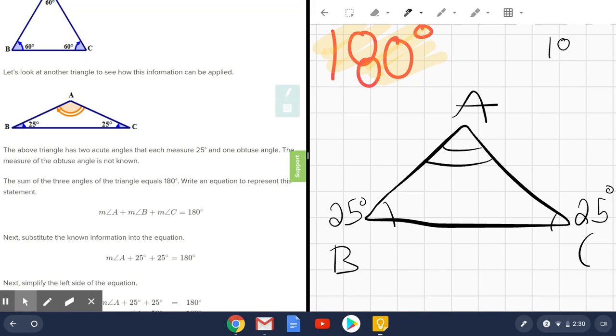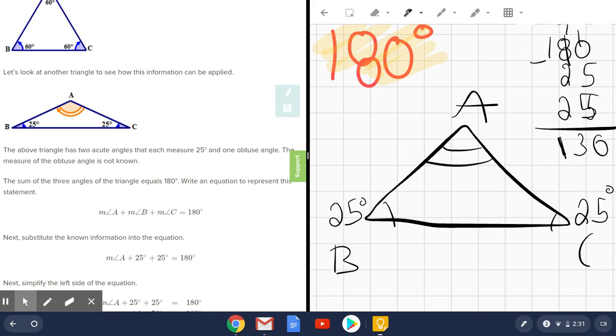So we have 180. That's our starting amount. We have to have that amount. So minus, and how many other degrees do we have? We have 25 for angle B, 25 for angle C. Going through our math here, pause if you want to do this on your own, but make that a 7, carry over. 10 minus 5 is 5, minus 5 is 0. 7 minus 2 is 5. 5 minus 2 is 3. 1.